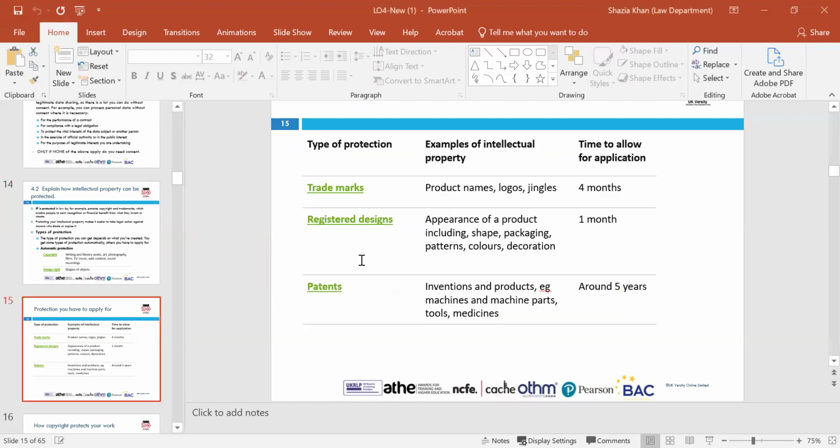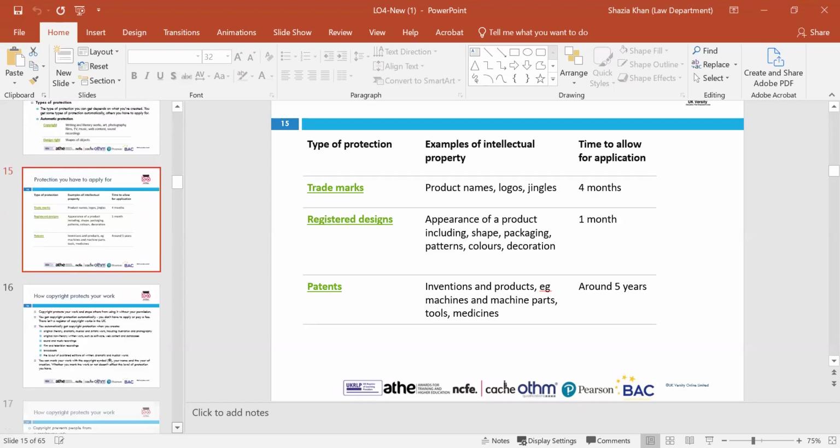Then we have trademarks, which are product names, logos, jingles, and the time to allow for application is 4 months. Registered designs, appearance of a product include shape, packaging, patterns, colors, decoration, and the time allocation for that is 1 month. Patents, inventions, and products, for example machines and machine parts, tools, medicines, around 5 years. So, these are the time to allow for application.